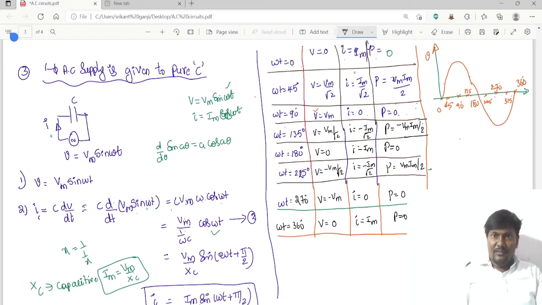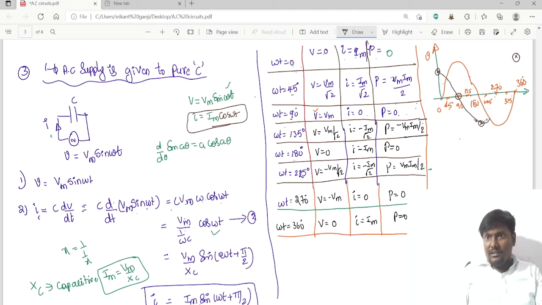So coming to the current waveform, that is the cos waveform, i is equal to Imax cos omega t. At omega t equal to 0 it is Imax, at 90 it is 0, at 180 it is minus Imax, at 270 it is 0 and at 360 it is positive maximum.